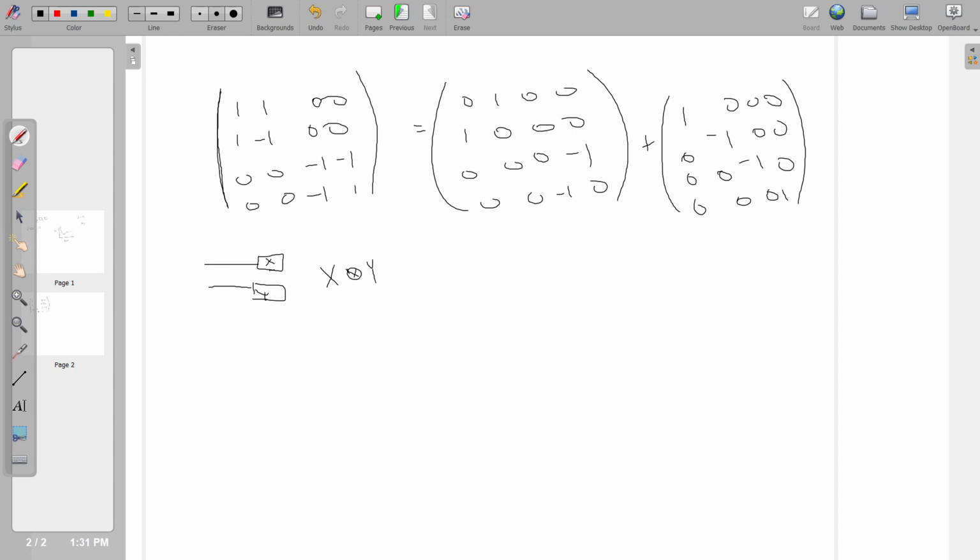To find this product, it's basically an element-wise multiplication of matrices.